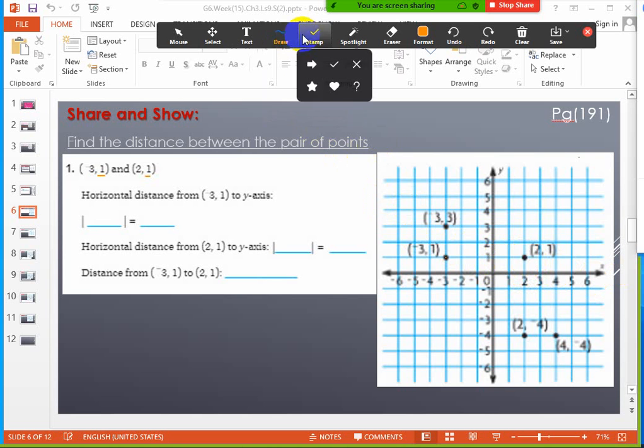So look, the points are on the same horizontal line because I have the same y coordinate. If you have the same y, the points are on a horizontal line. If you have the same x, the points are on a vertical line.